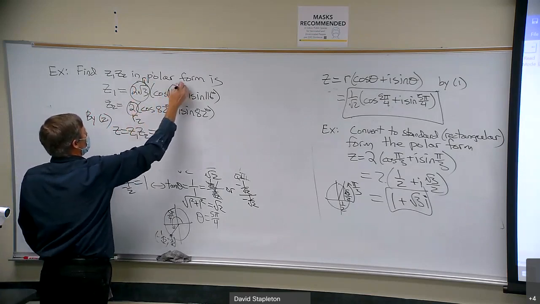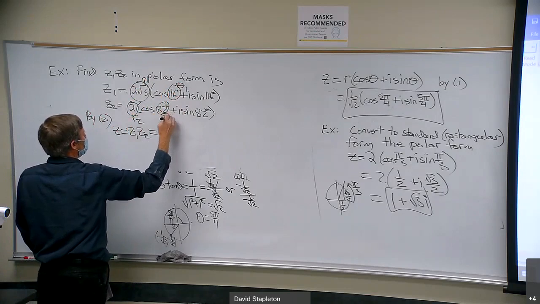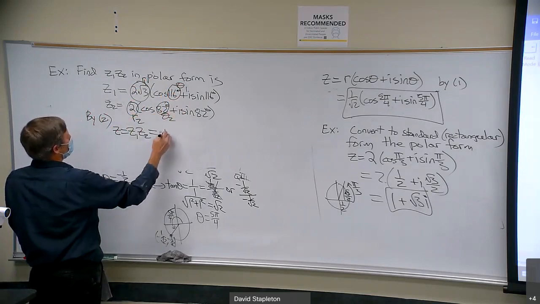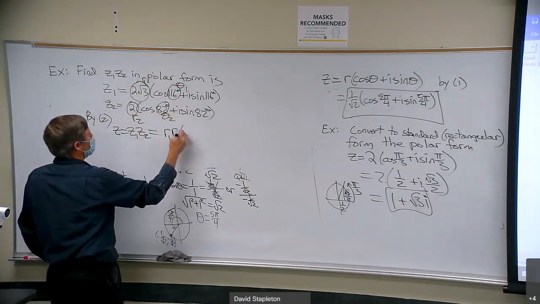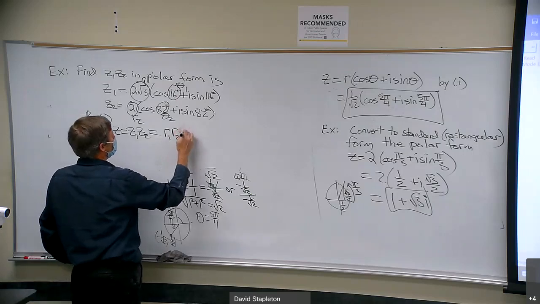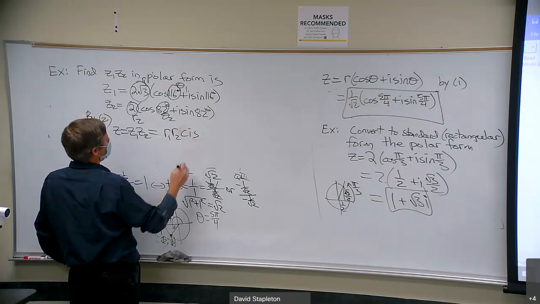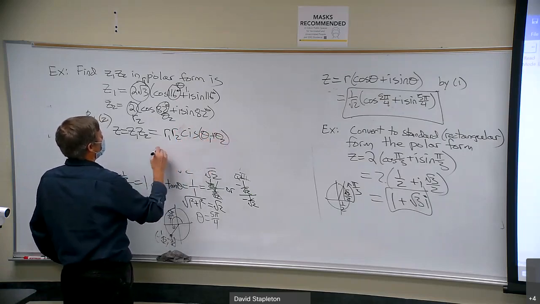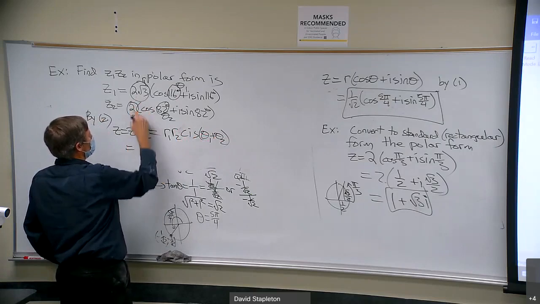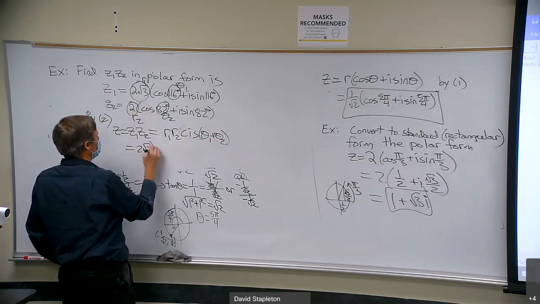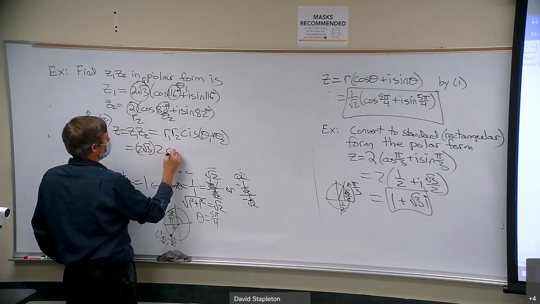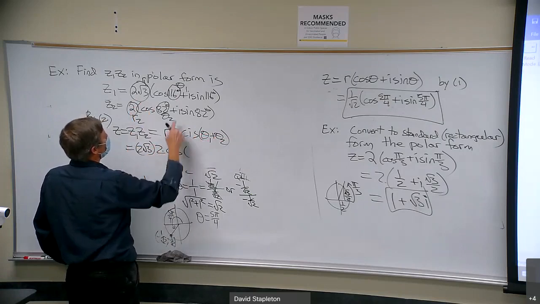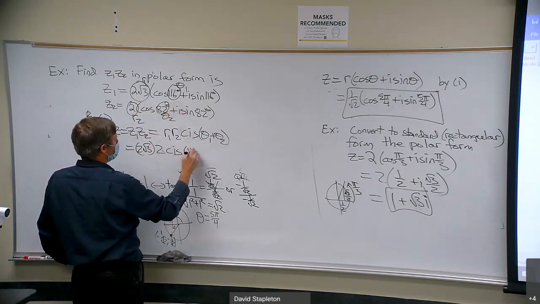And this must be theta 1, and this must be theta 2. So we have, remember, r1 r2 cosine plus i sine, I'll write it in abbreviated form, of theta 1 plus theta 2. The angles add and the r's multiply, is now 2 square root 3 times 2 times cosine plus i sine of 116 plus 82.